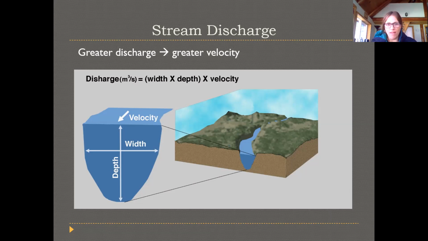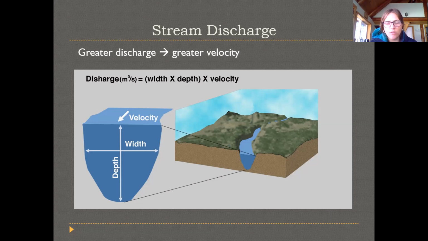So the way that you can calculate the discharge of the water is by taking the depth of the stream times the width of the stream, which gives you the cross-sectional area of the stream. So basically how big a slice across the river is. And then you multiply that by the speed of the water molecules that are moving past that point.